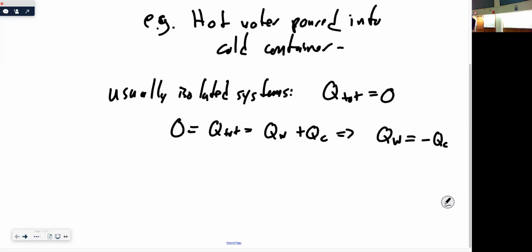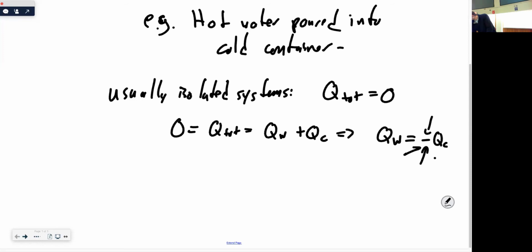You're going to be very tempted when you start these problems to say Q water equals Q container, because whatever energy is lost by the water is added to the container. The negative sign is really important, and it's really easy to miss. We'll see when we do this problem how those negative signs can get really easily messed up. That negative sign is really important, and if you forget it, it won't necessarily be obvious. You'll get an answer. That answer will just be wrong. Okay? So this negative sign is very important.